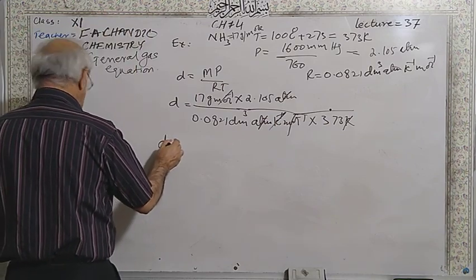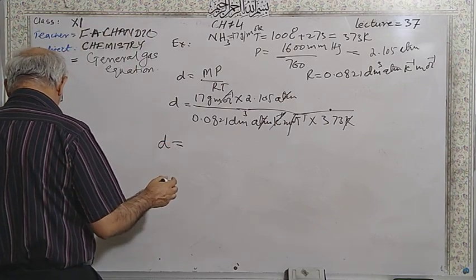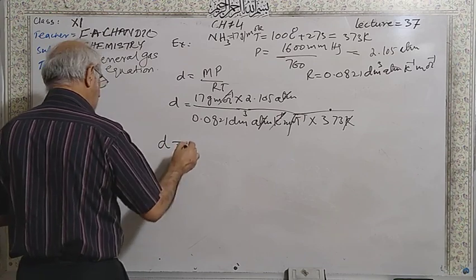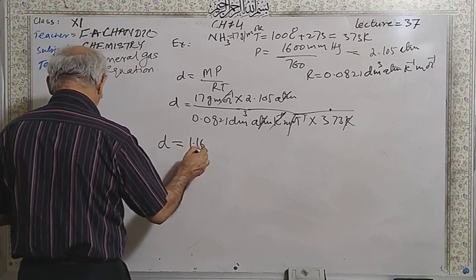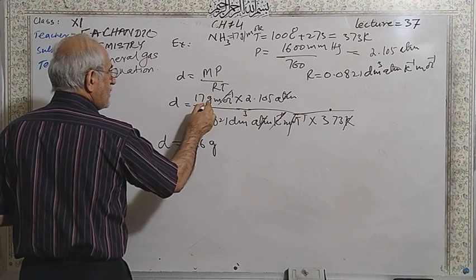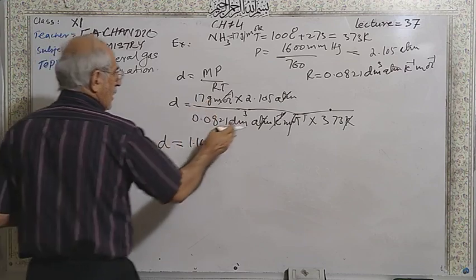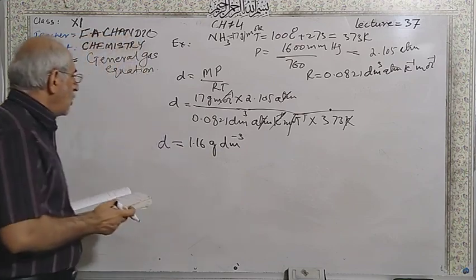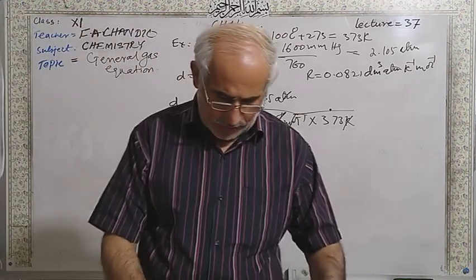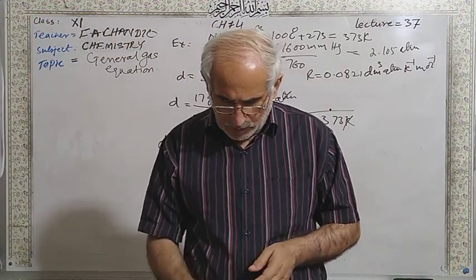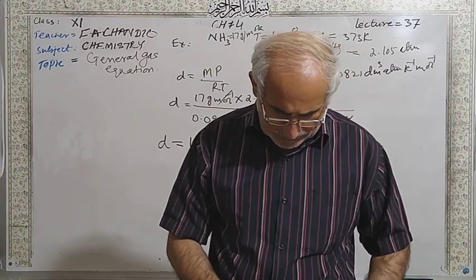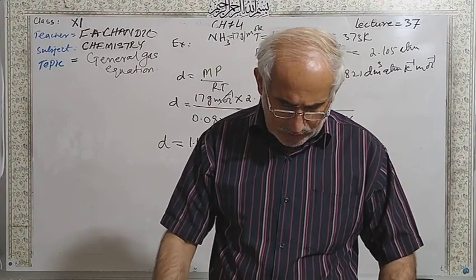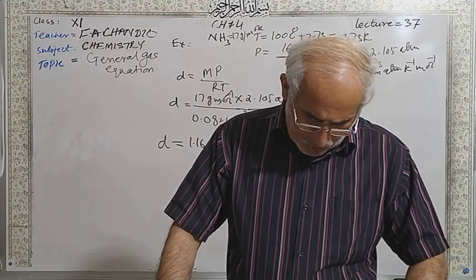So the density of the gas, if you calculate, will be 1.16 grams per decimeter cubed. This is the density which is given here in your book. So please, these numericals are very simple. You have to calculate according to the question asked.